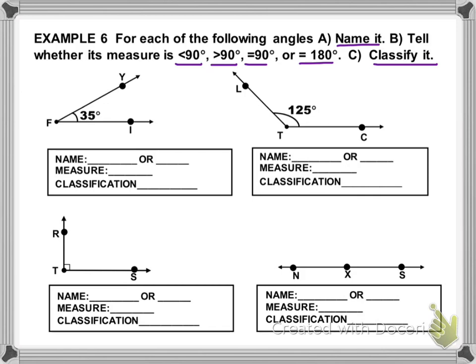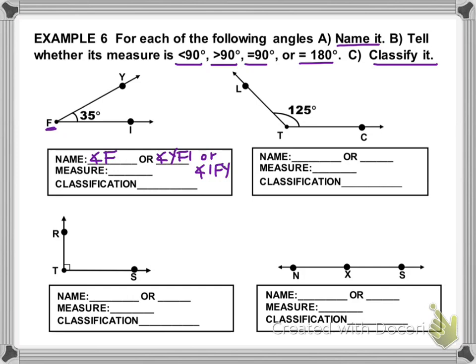So let's look at this 35-degree angle. To name it, there's a couple ways. Since it's the only angle there that has that vertex F, we could just call it angle F, or we could name it with the 3 letters. We could call it angle YFI or angle IFY. Just make sure that the F is in the middle.